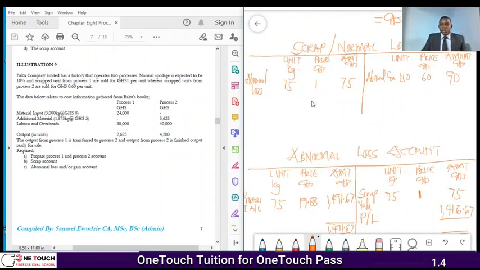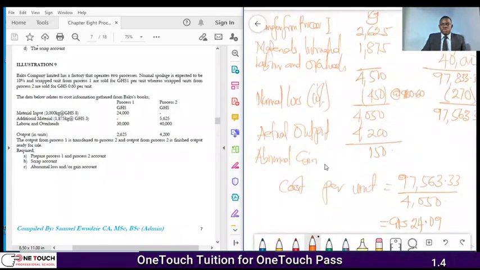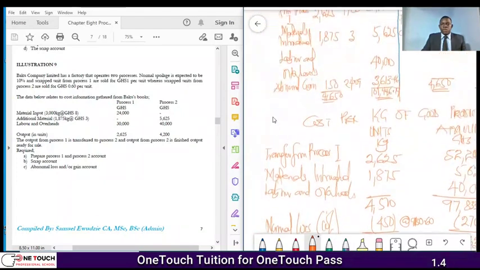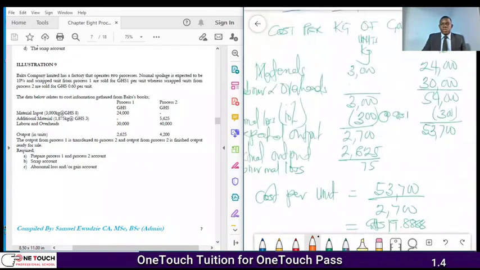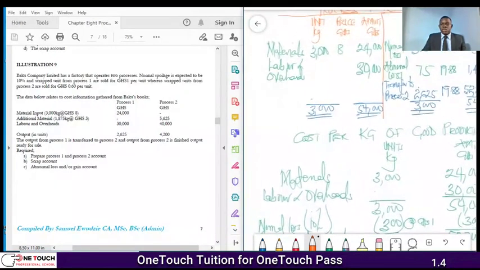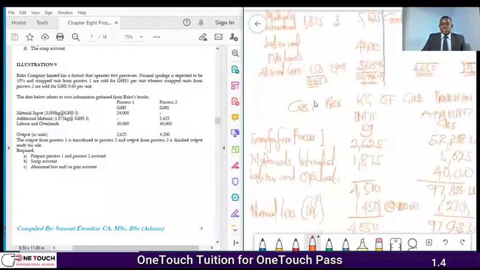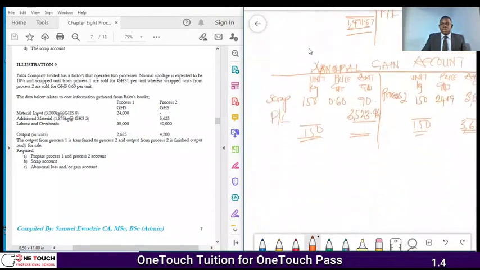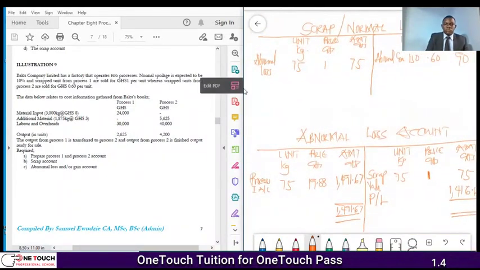Then the actual normal loss is for both process 1 and process 2. For process 1, the normal loss was 300 at 1 cedi, giving us 300.